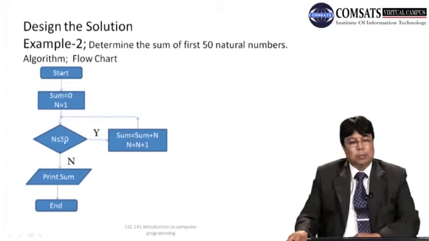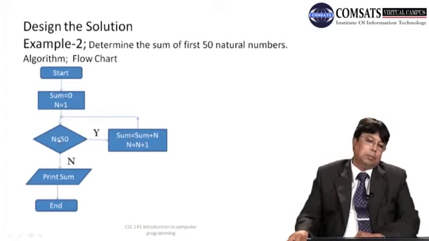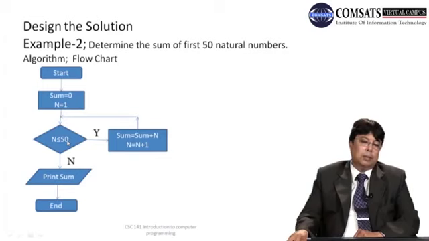Okay. Then if n is not less than 50, rather n is greater than 50, then it will exit and it will print the sum. The sum which is updated here will be printed here.